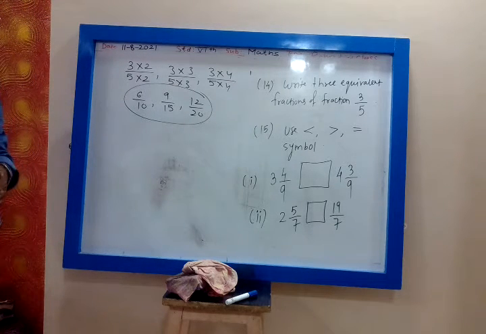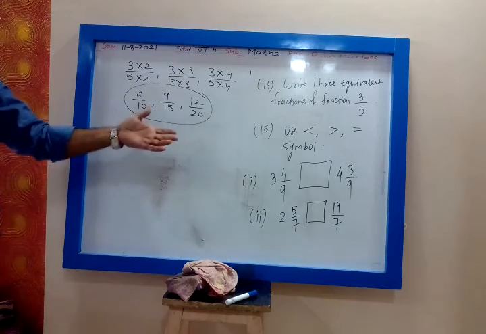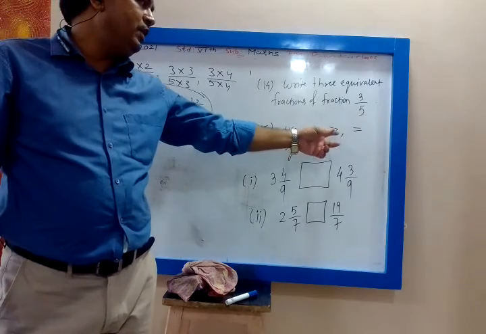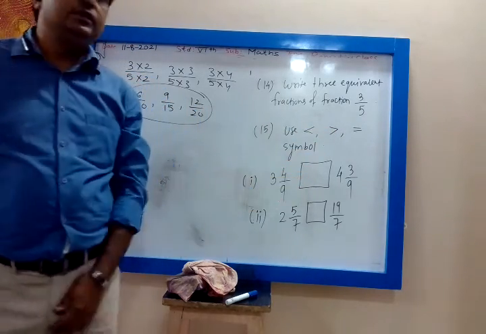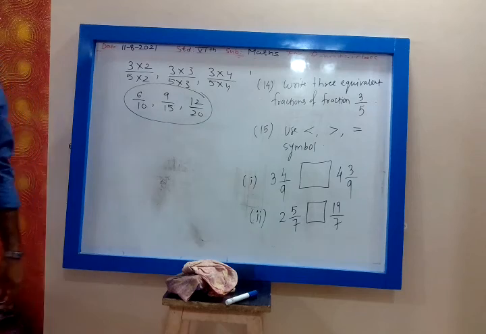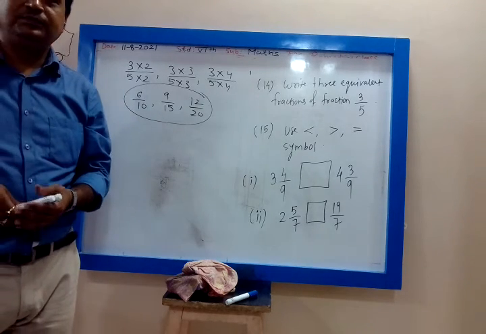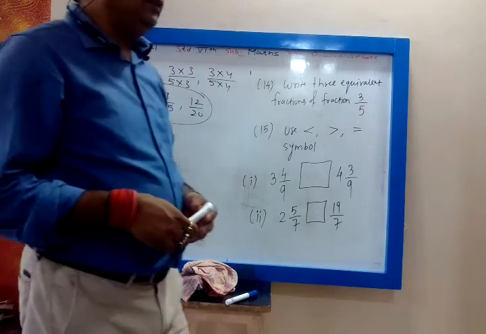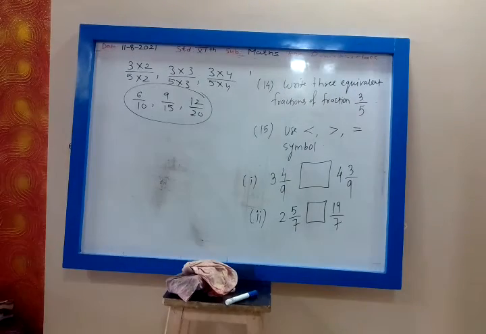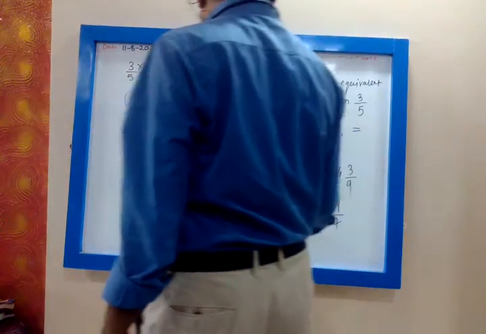Do the 15th one. You have to use the symbol less than, greater than, or equal to. So 3 and 4 by 9, 4 and 3 by 9. You have to find the value.